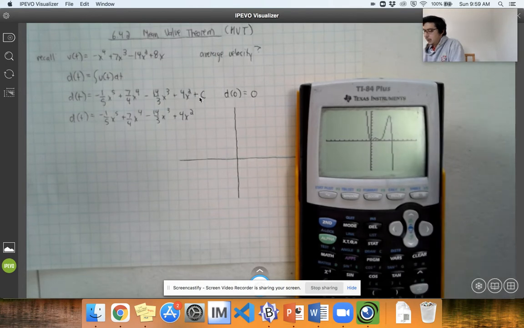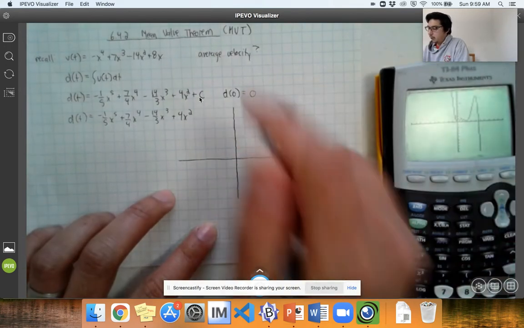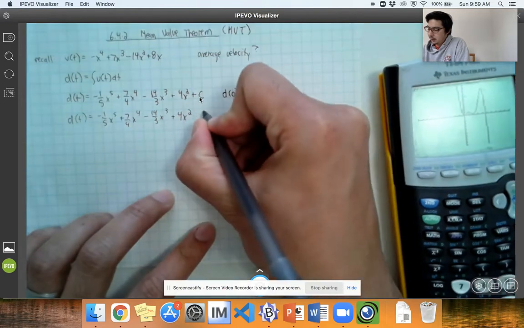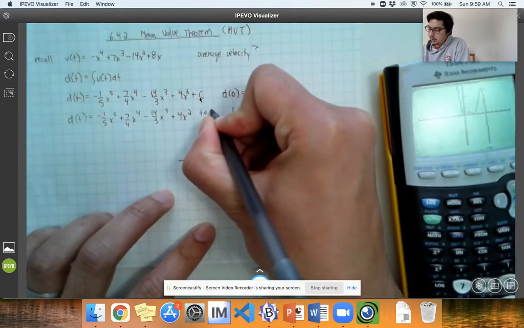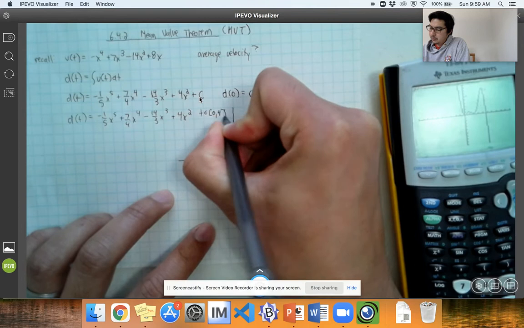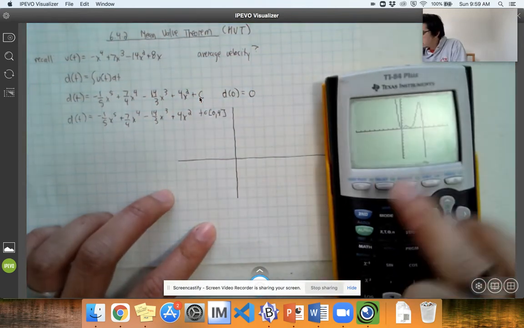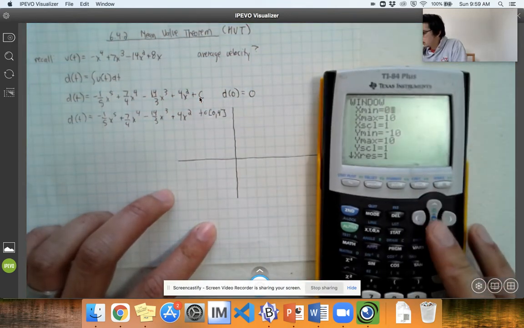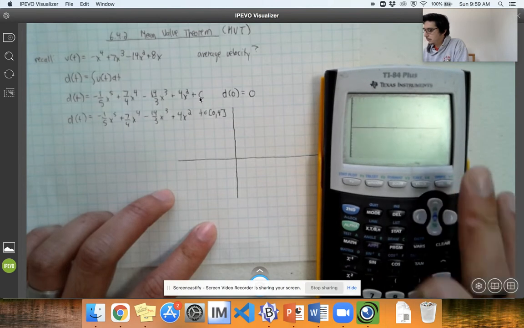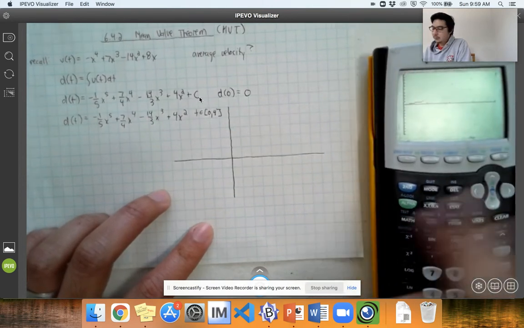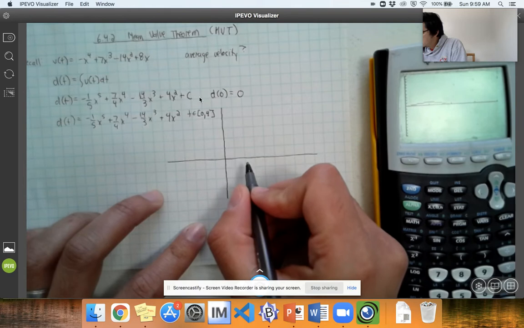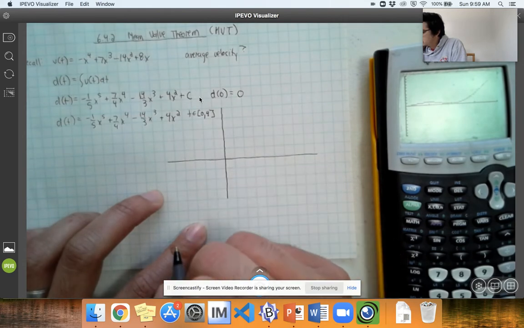Interesting. Okay. Now we're only looking from 0 to 4 again. So remember that we're only looking on t being an element from 0 to 4. So on 0 to 4, let's reposition this window. Let's just go 0 to 4. Let's see here. So it looks something like this.